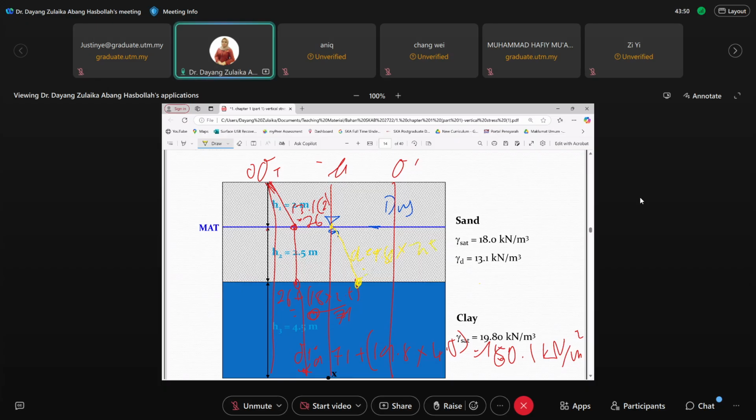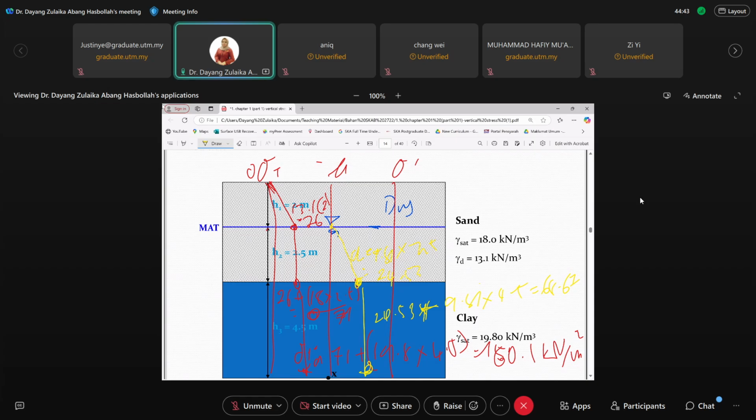That gives 24.53. And then the next one is 24.53 plus 9.81 times 4.5, which equals 68.67 here, 68.67.